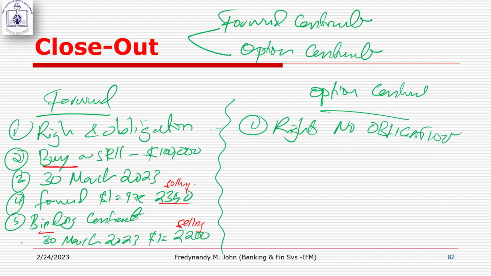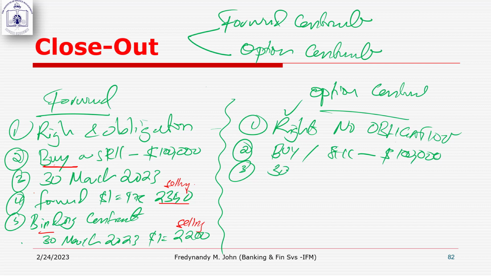This contract provides the holder or the customer right without obligation. Right for what? Right to buy or to sell a specified amount of foreign currency, let's say the same amount, that is 100,000 USD, on maturity.